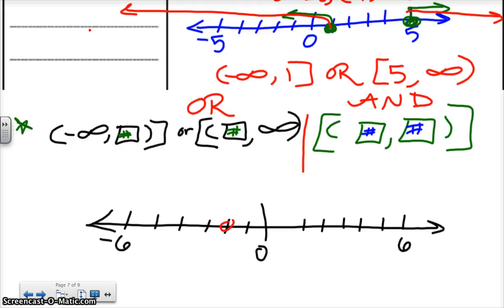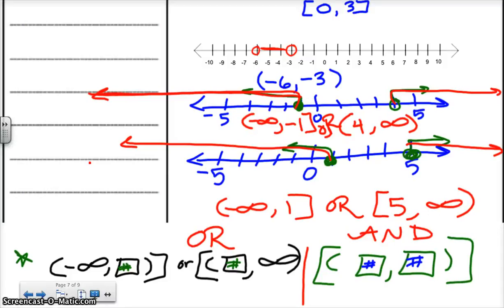I have a closed circle at -2, and I'm going to 5 with an open circle. Is this an or an and statement? And. So it should be looking something like this. A number, comma, a number, and then are you going to use parentheses or brackets? Since I have an and statement, I know it's going to be a number, comma, a number.